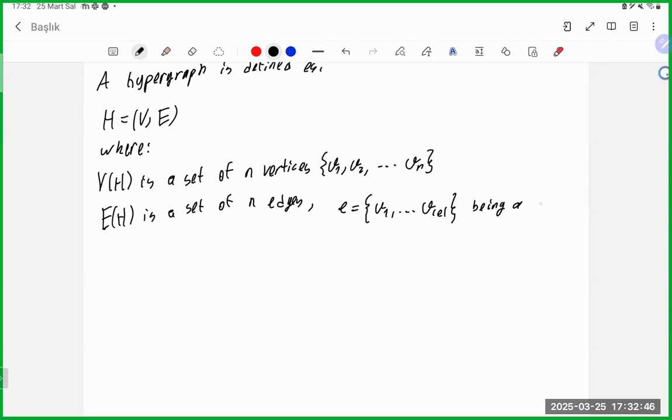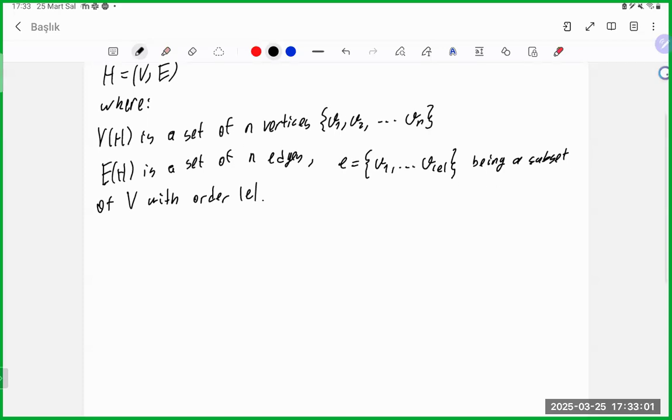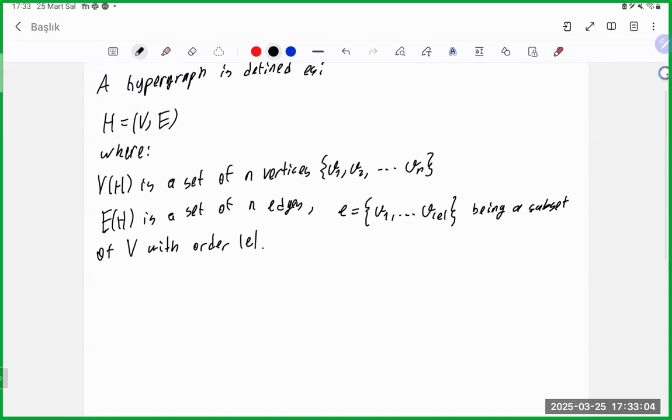It is a subset of all vertices V with order e. So as I said, the edges are just subsets of all vertices.